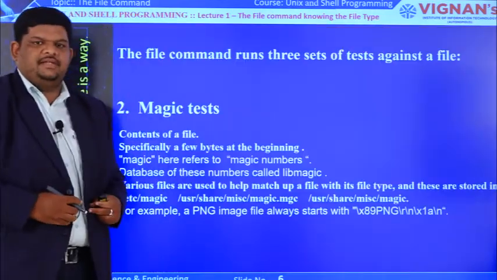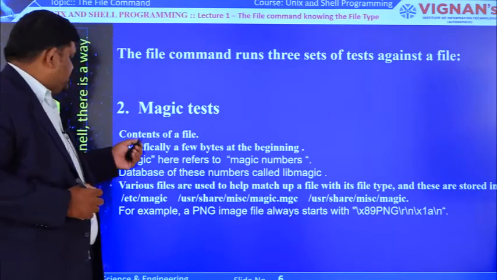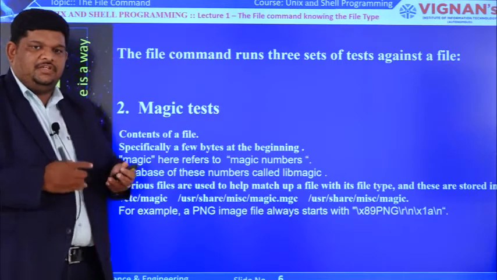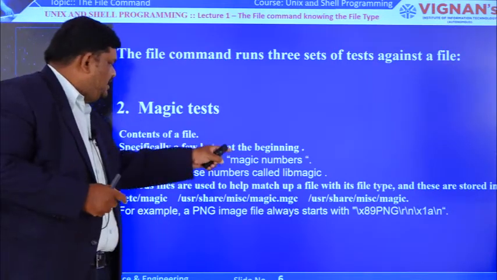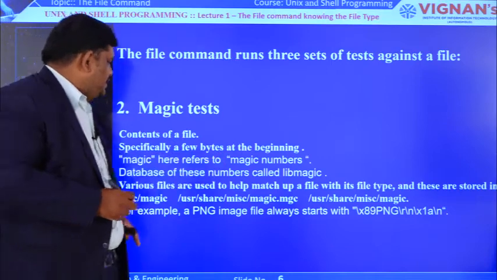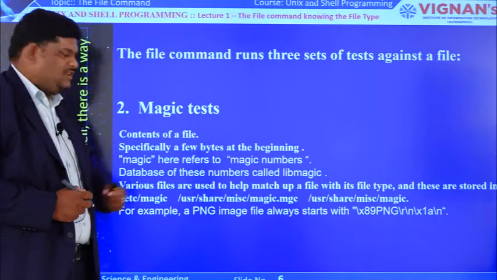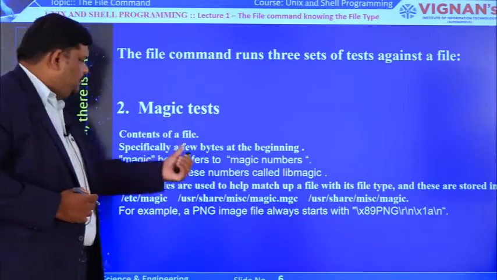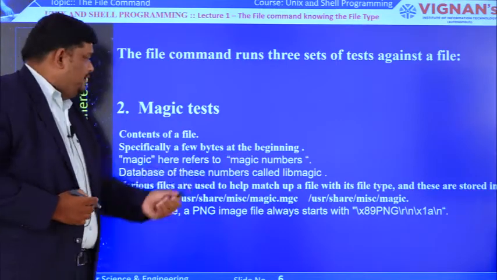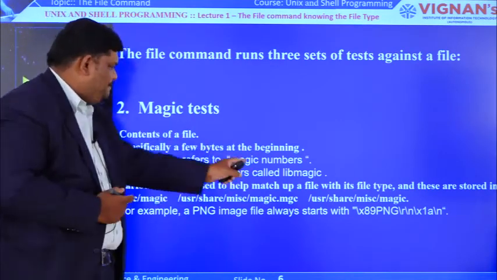Coming to the next testing, magic testing. In this magic testing, it will check the contents of a file, only a few bytes from the start, and compare those starting bytes with, for example, this library of magic. So how does the magic test perform? It checks only a few bytes at the beginning of the file, comparing them with some magic numbers.